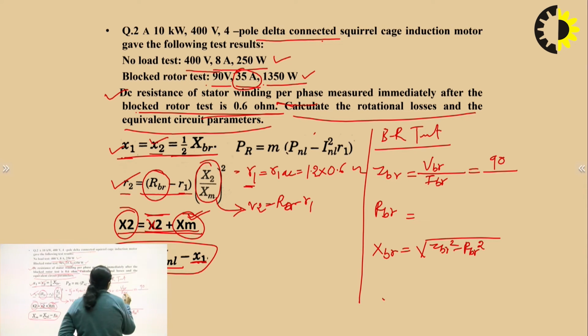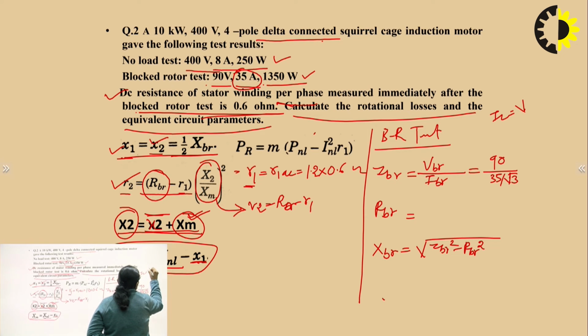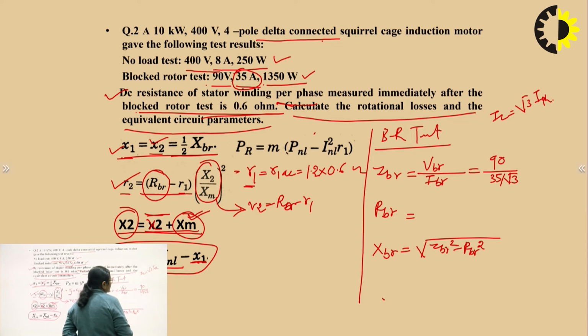We know that for delta connection, line current is root 3 times the phase current. So the phase current during blocked rotor condition can be written as 35 divided by root 3. Now the RBR can be written as PBR divided by IBR square, right?